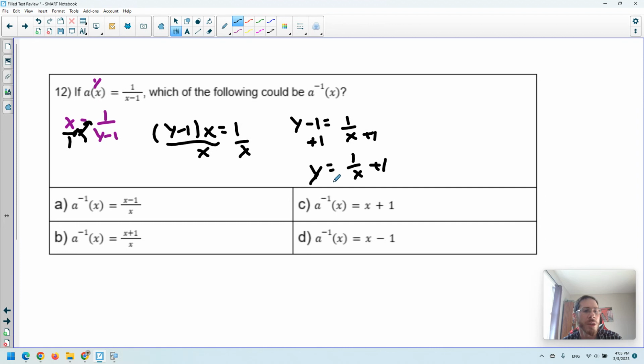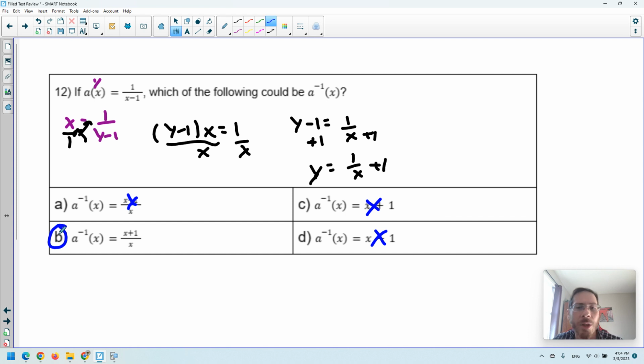And then I would just look at those and say, well, wait a second, hang on. None of those are actually 1 over x plus 1. What's going on here? Well, at this point, I can actually pick the right answer because I know I want 1 over x plus 1. This is not 1 over x plus 1. That's x plus 1. This is a subtraction. So I actually can logically pick b from this step.